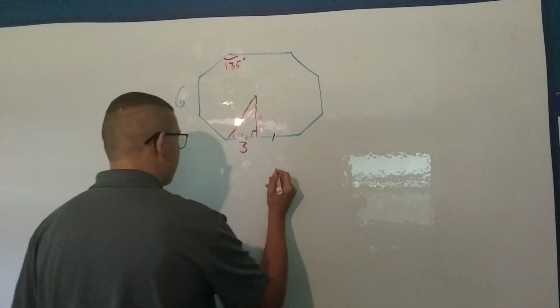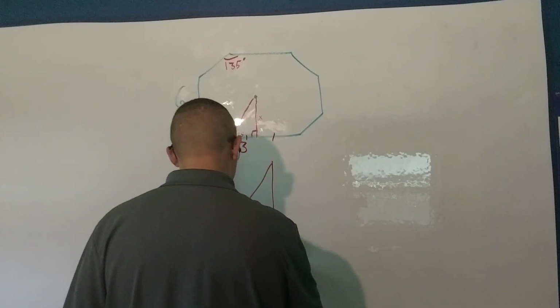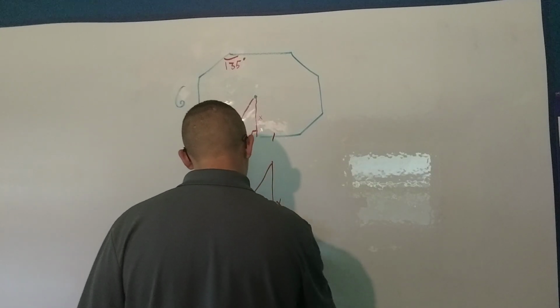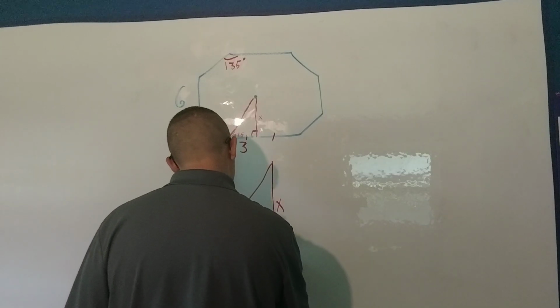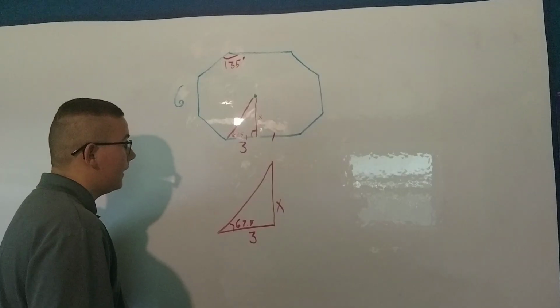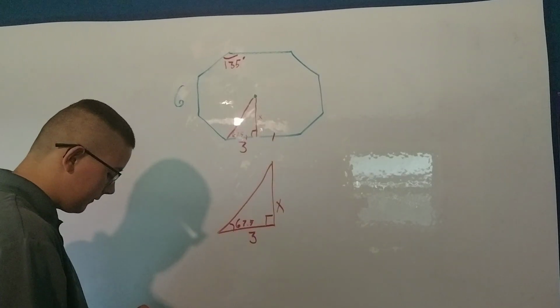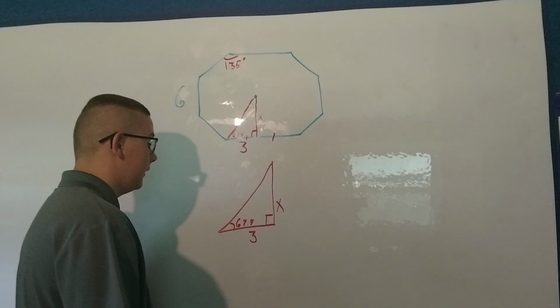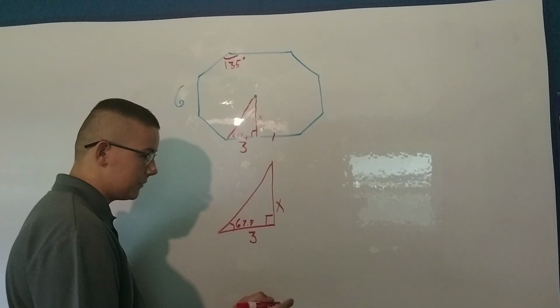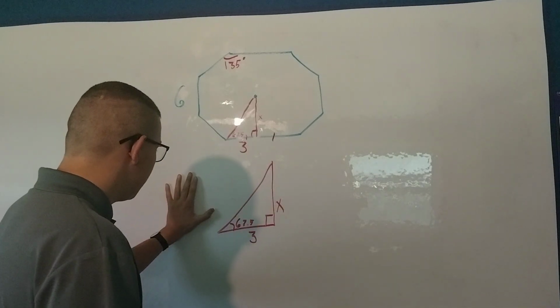So if we pull the triangle out to make it easier to look at, we have 3, x, and 67.5. It's a right triangle. And from there we do opposite over adjacent. Again, I apologize for that.